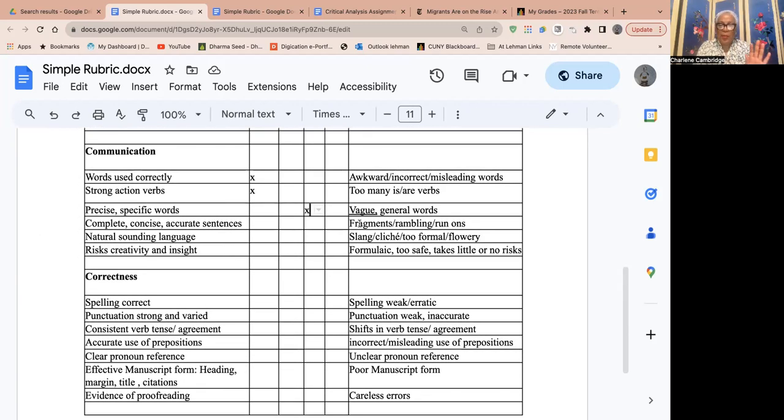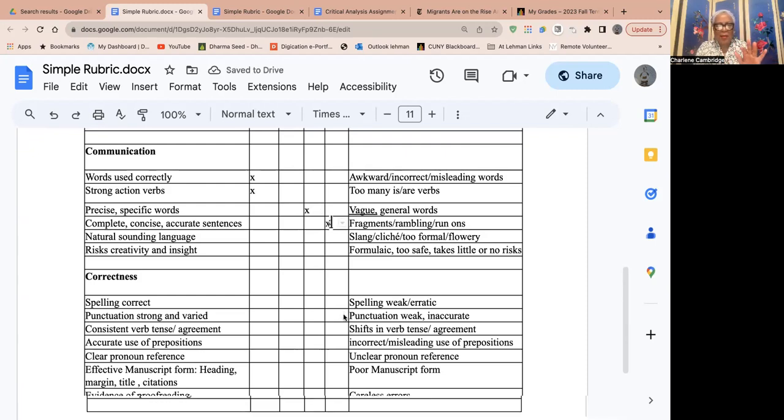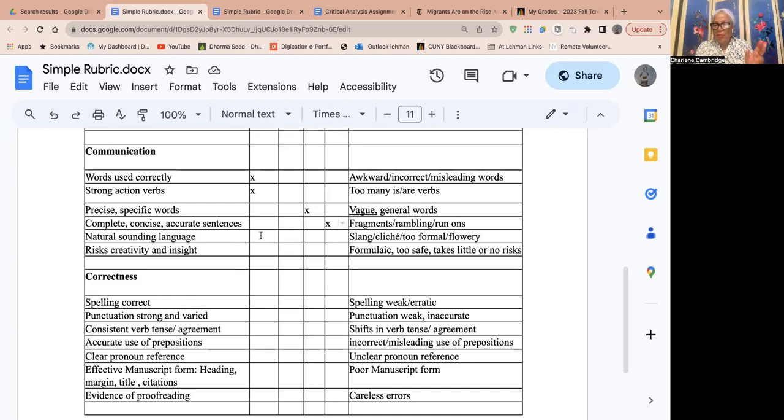Your punctuation was horrific. Fragments, ramblings, run-ons everywhere. Natural sounding language? Of course not. Not with all those fragments. It's a little bit, well, slangy, let's say. So I'll give you a B for that.